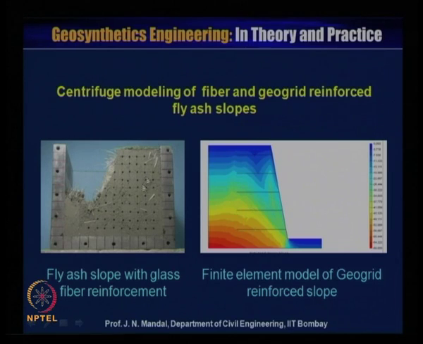A small scale centrifuge has been used, and you can see the typical slope failure of the structure, where we have used fly ash and glass fiber as a reinforcement.